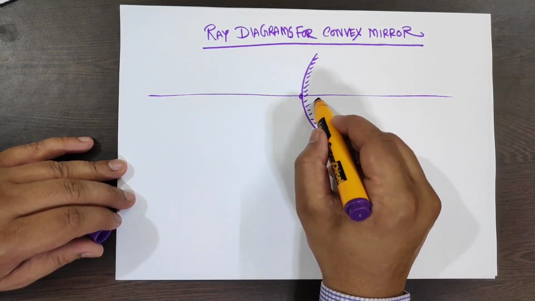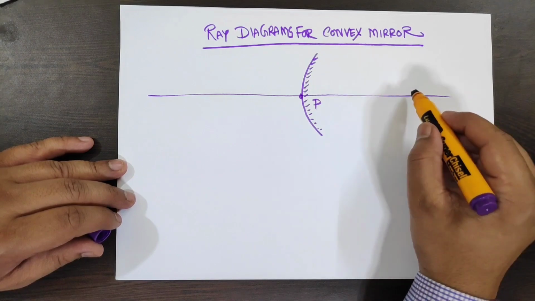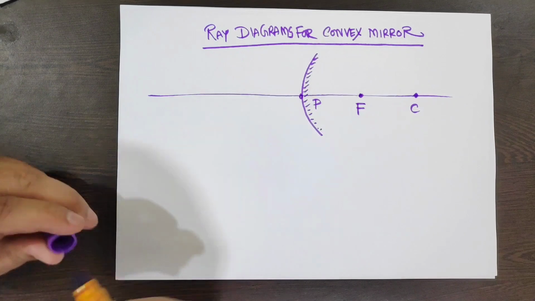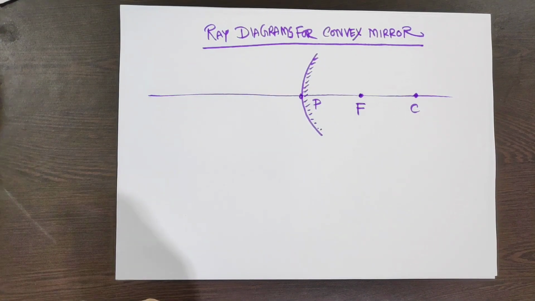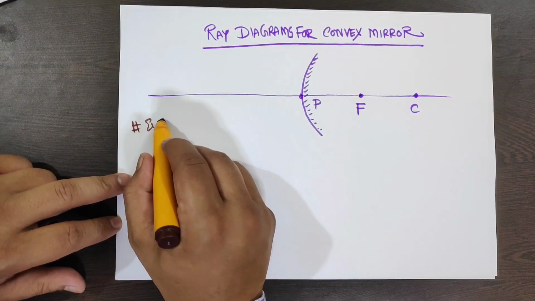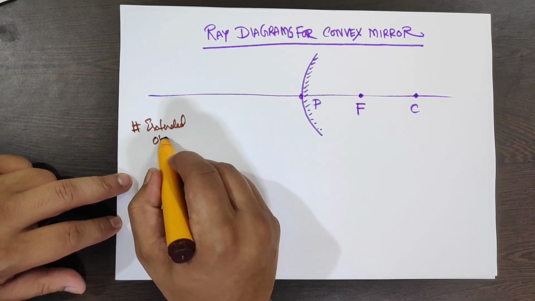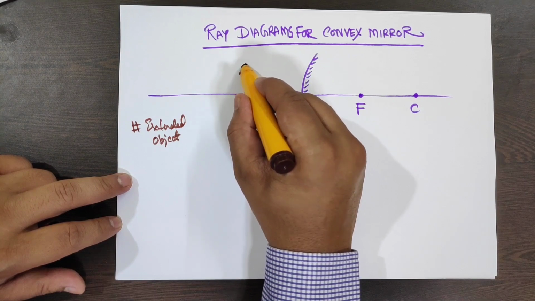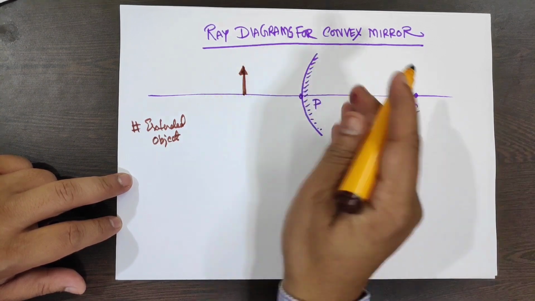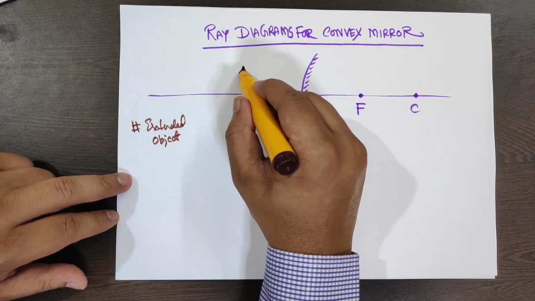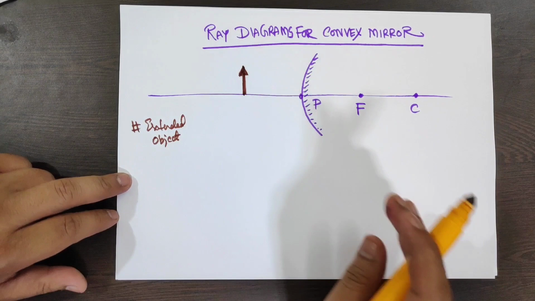There is the principal axis, this is the pole, center of curvature, this is the focus, and this is the case for an extended object just near the mirror. It can't be on the right side, obviously. So let's draw the ray diagram.